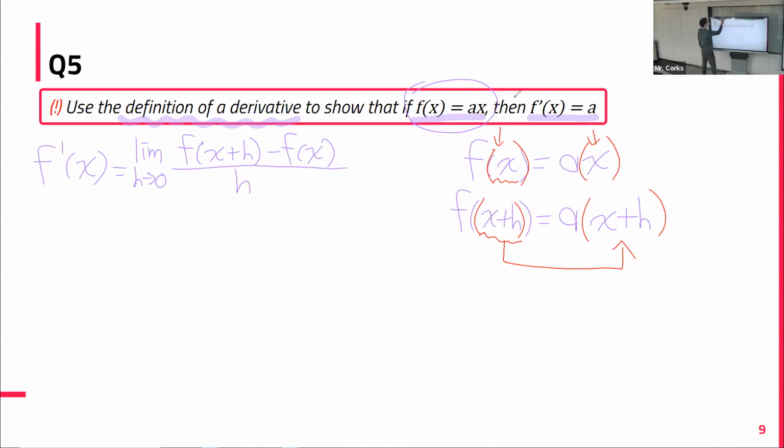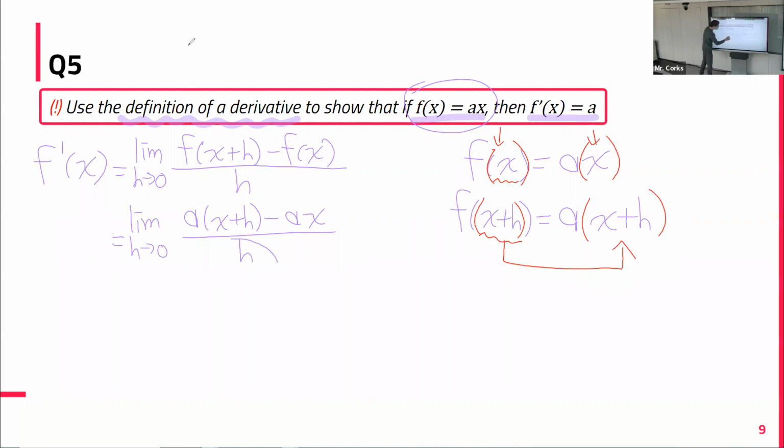If we bring that back over to our derivative, then our first line is the limit as h approaches 0 of f of x plus h, which is a times x plus h, minus ax, all over h. Before we simplify, what is the goal of this?